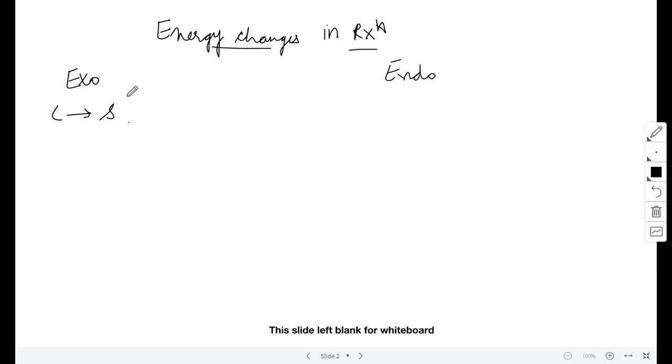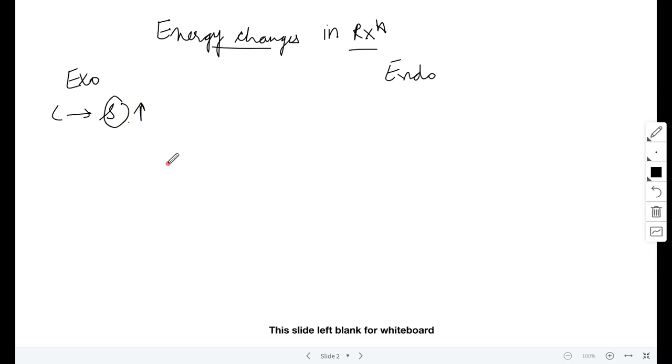I have already explained that energy is not lost or made; it has to change from one form to another. So the energy is changing from the chemicals to the surroundings. An exothermic reaction takes place if the temperature of the surroundings increases.